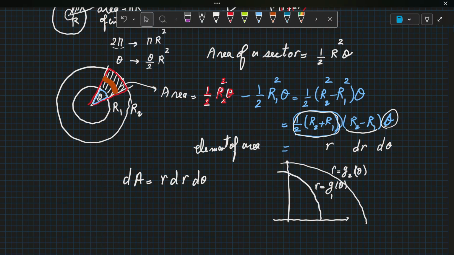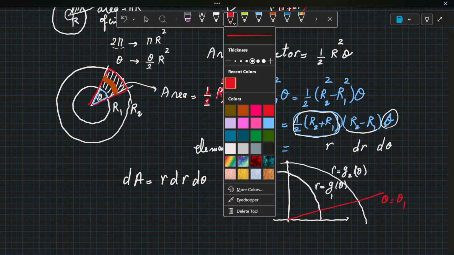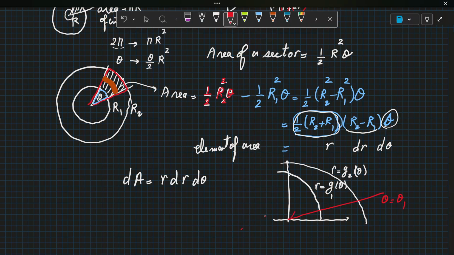Then for our angle, typically we start at a particular angle. Let's call it theta equal to theta 1, and then we go as far as a certain other angle, theta equal to theta 2, and the region that we typically consider in polar is a region of this style.